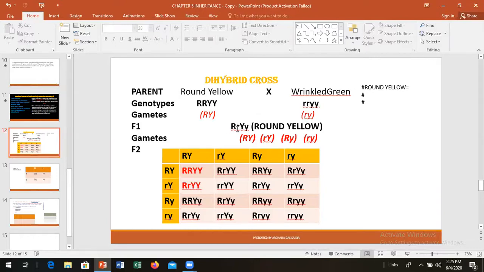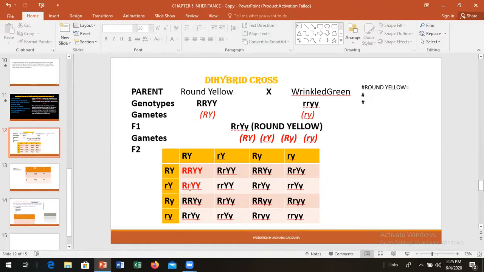It will not allow the expression of the factor for wrinkled. This case is similar. Here you have the combination of capital R, small r. Capital R is the dominant factor which will suppress the expression of the factor for wrinkled. So this will always be round.